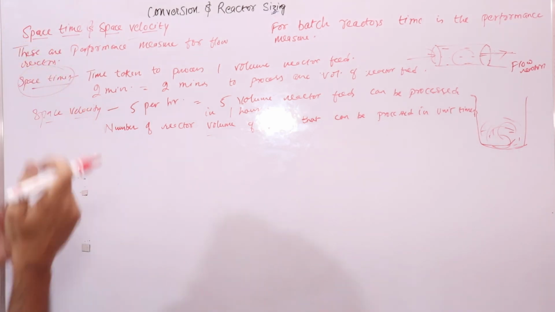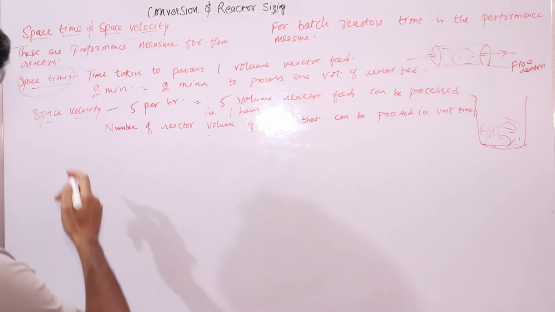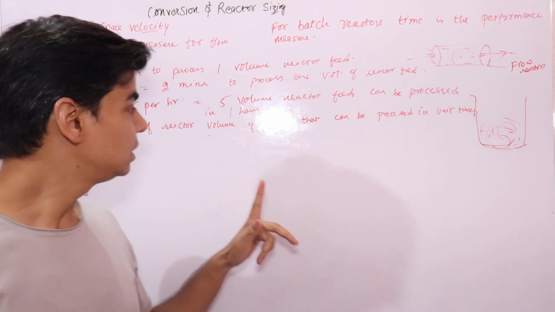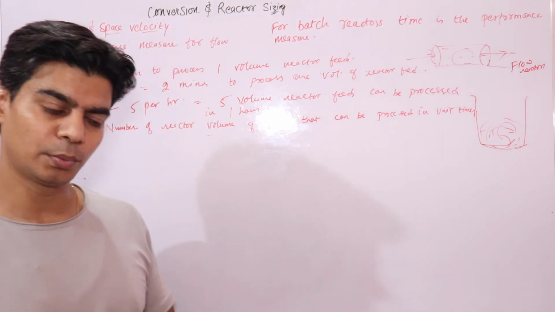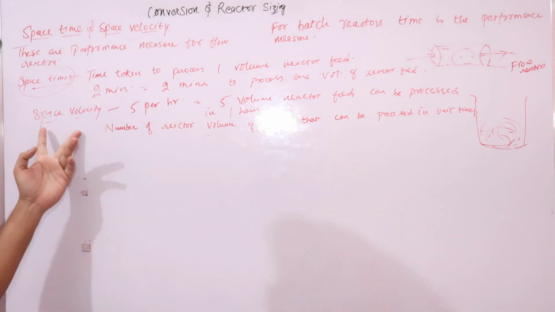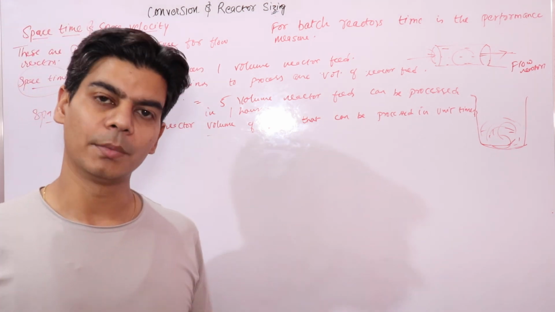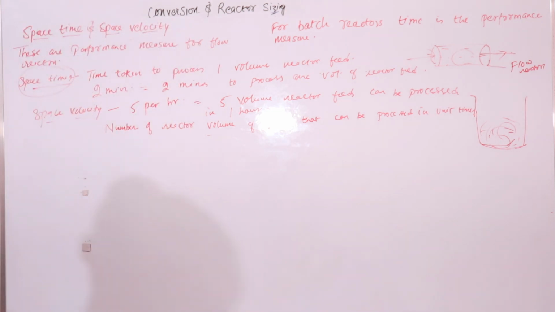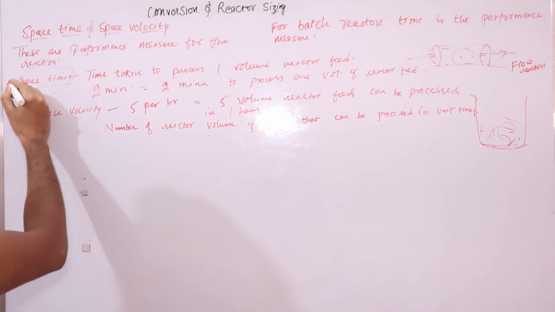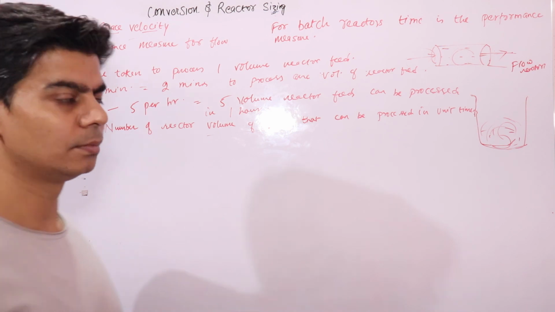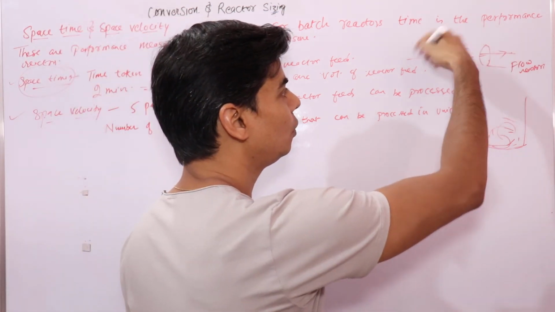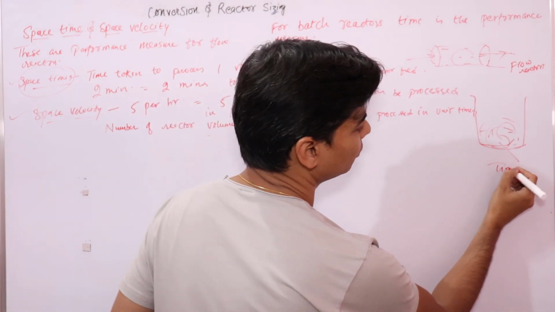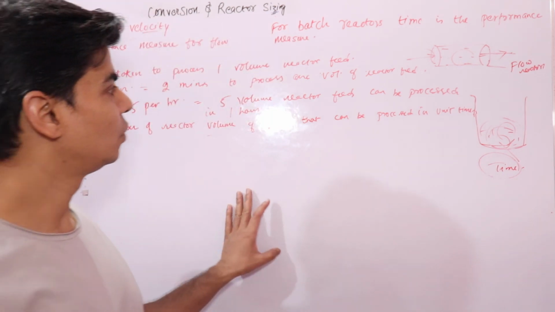So the performance of flow reactors can be measured in terms of space time, that is the time taken to process one feed, and the space velocity, that is the number of feeds that can be processed in 1 hour or in unit time, right? These are two parameters using which you can measure the performance of your flow reactors, and for batch reactors, time is the performance measure, right? So I hope this is clear. Thanks.